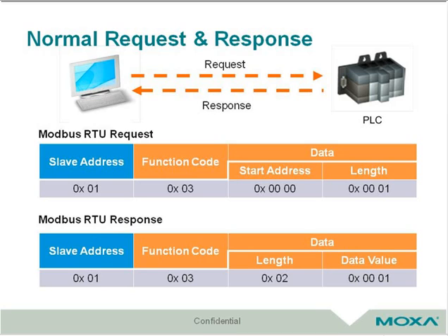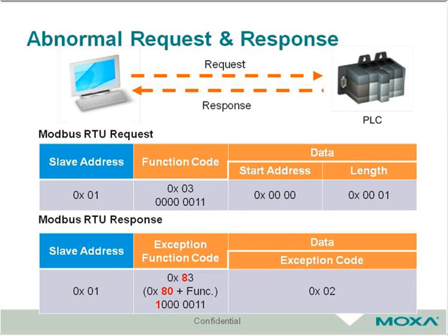And then how about the data? Length 02 means the data is 2 bytes long and the value is as follows: 0001. The request is for 1 word of data and the response is 2 bytes of data. It's a little tricky, but this is how it works.